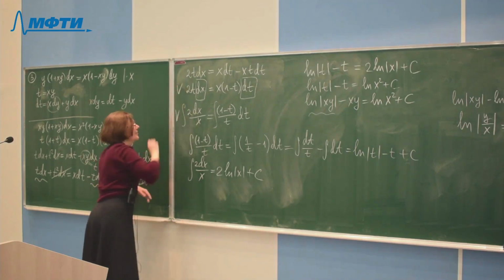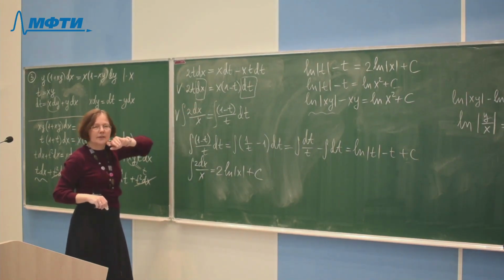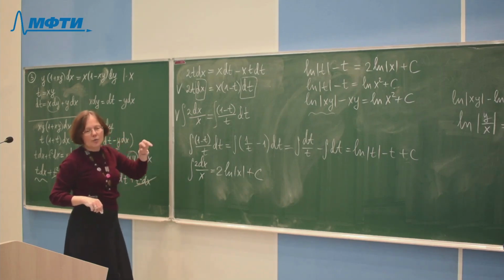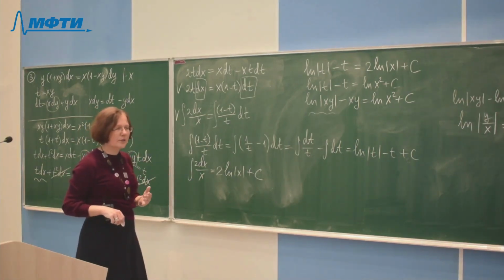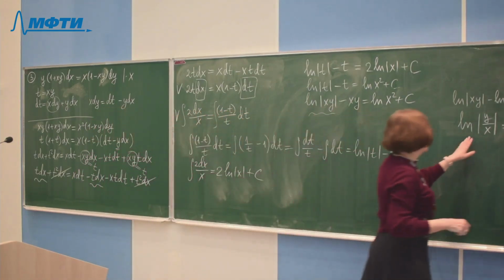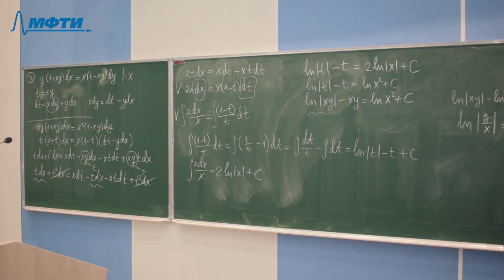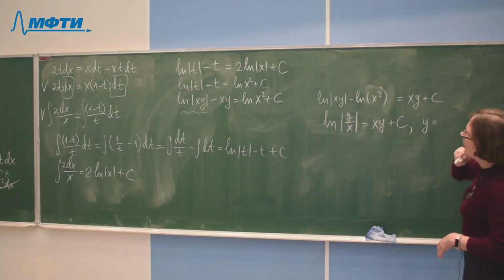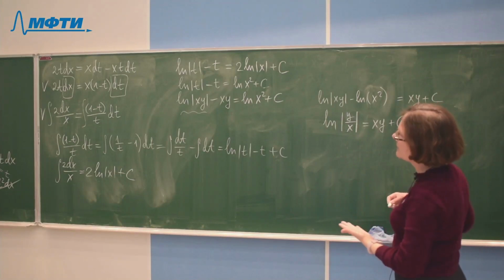We have divided by x and have divided by t. So we can lose particular solutions, x equals 0 or y equals 0. If we consider y as a function of x, then x cannot be equal to 0, so this is not a solution. But sometimes if our equation is written in this form, then x equals 0 is also a solution.